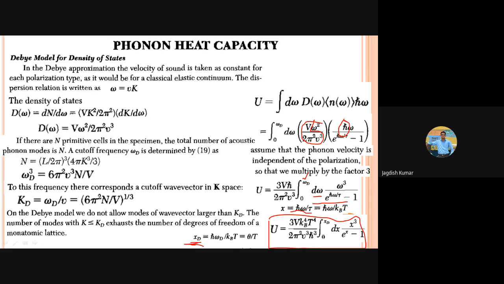Then we define another quantity, theta, the Debye temperature. Theta is h cross omega D over kB. Since h cross omega has units of energy, dividing by kB, the Boltzmann constant, gives a temperature, called the characteristic Debye temperature of the material.